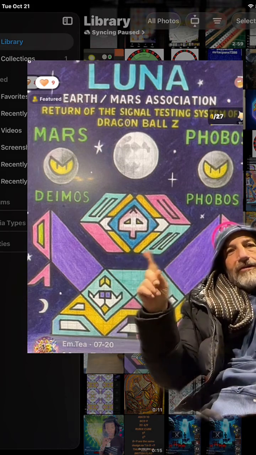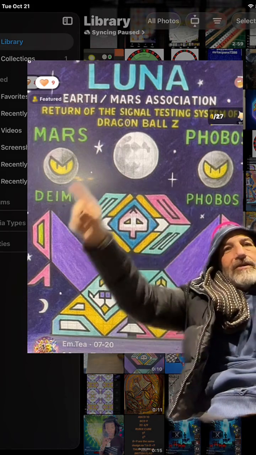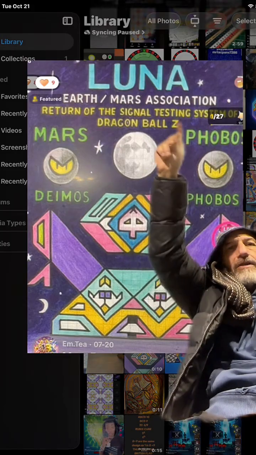House is split. You see the books? Phobos and Deimos. Luna is the moon in our sky. Read it. Luna.